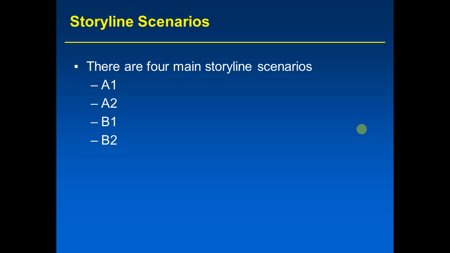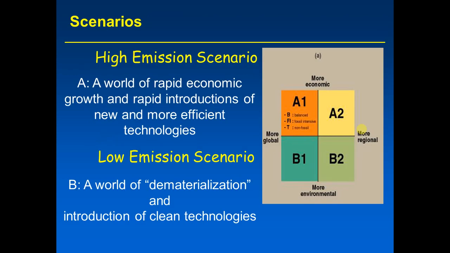Okay? So first of all, it turns out that A is a category, and B is a category, and 1 is kind of a category, and 2 is a category. So let's talk about that. We have high emission scenarios and low emission scenarios. So both A1 and A2, both of those storyline scenarios, are considered high emission scenarios.